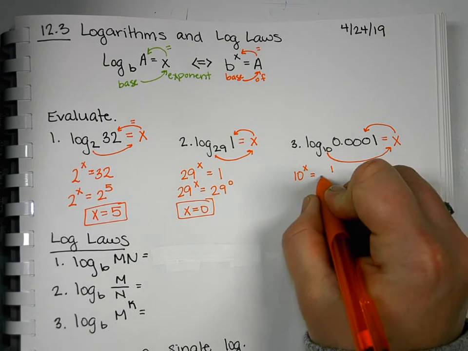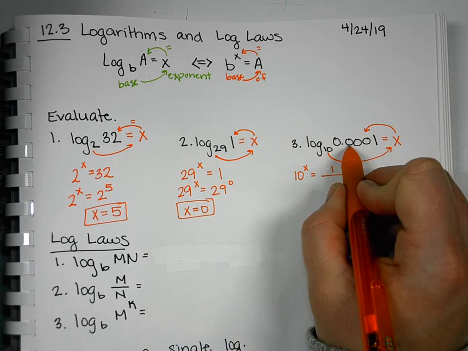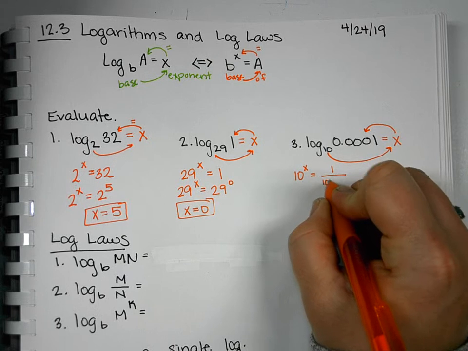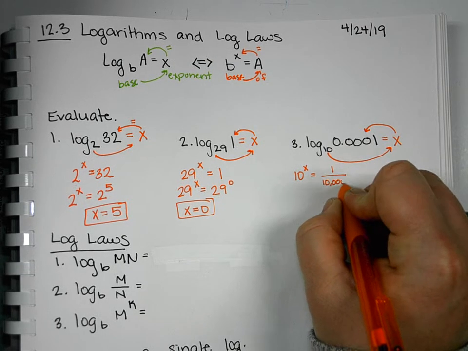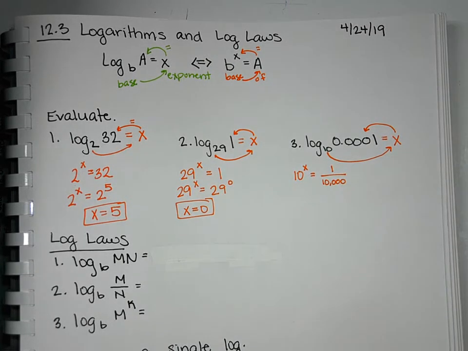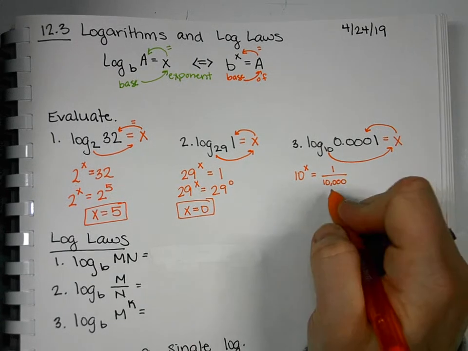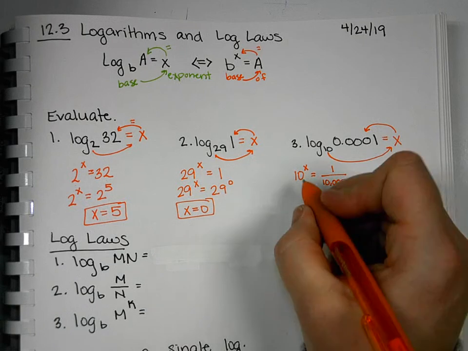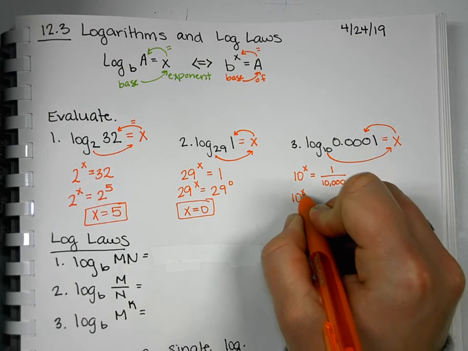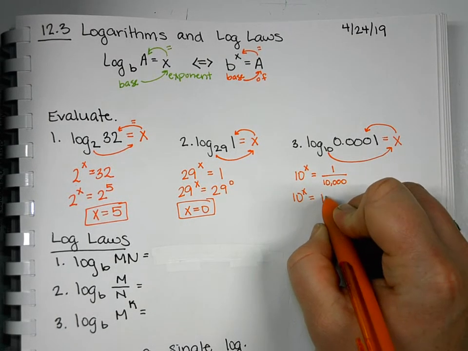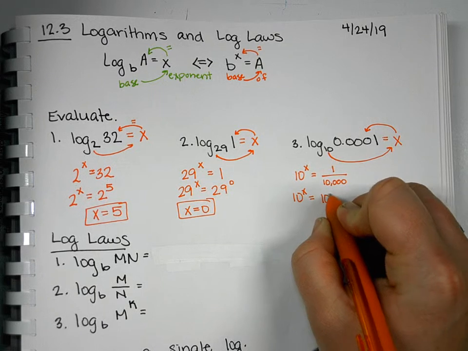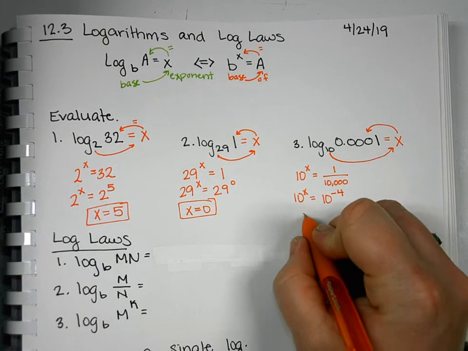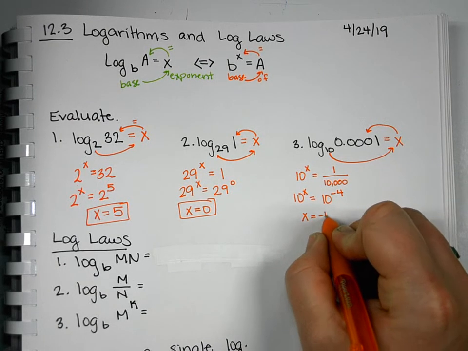So this is 1 over 10,000. How can we rewrite 10,000 as a power of 10? We can bring it to the top and make it negative, specifically 10 to the negative 4. So that would mean x would equal negative 4.